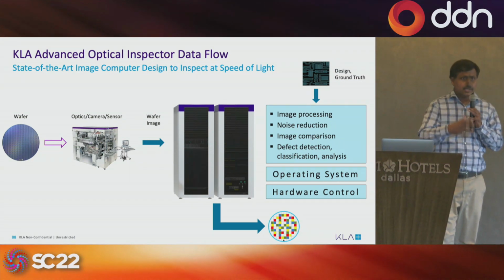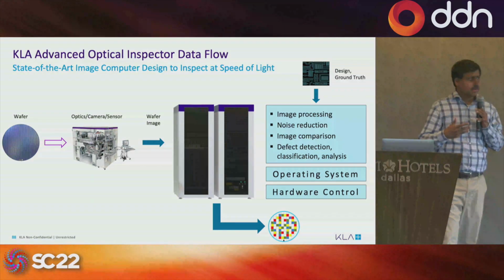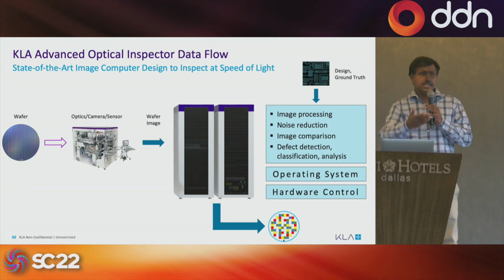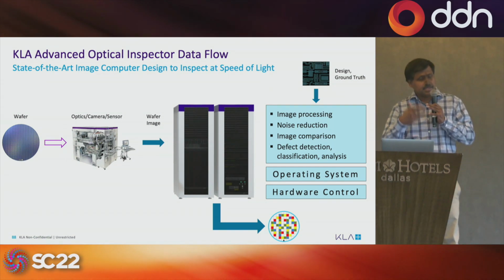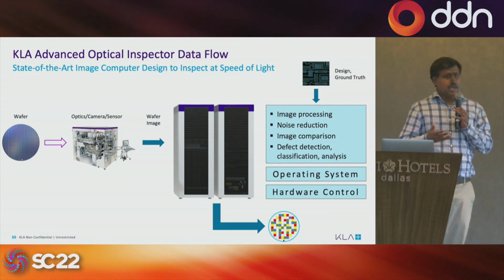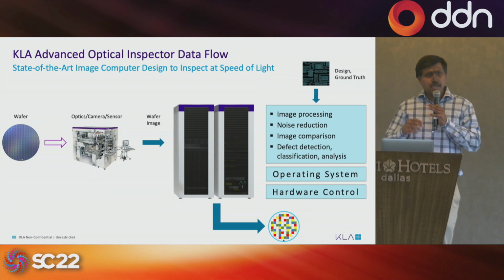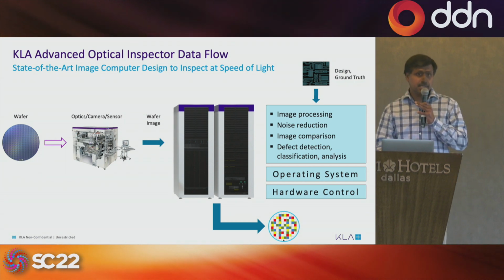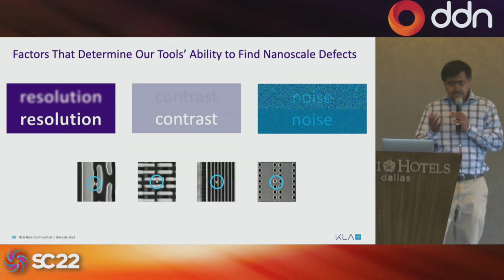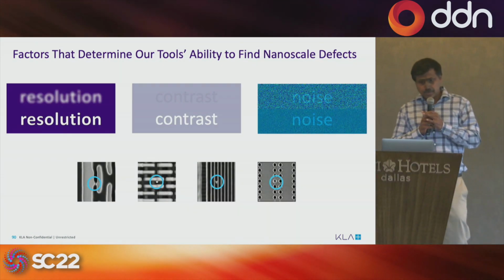We have to continuously align these two together because as we go through the different layers, the design truth changes. So we have to align that. That's a challenge that we handle. That's another approach on how we find the defects and how we do various measurements that are critical for our customers. And these are some of the factors that we look at.